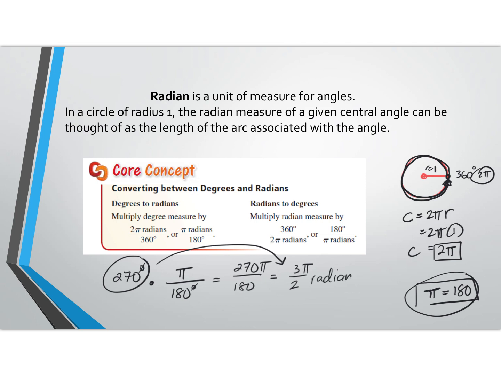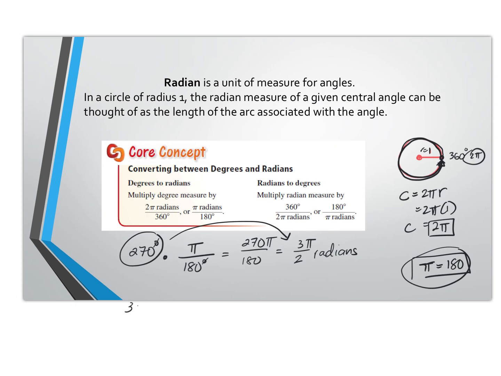And again, we're going to get into this a lot when you get into Algebra 2, but you just want to understand how to convert from one to the other. So what if I want to go from 3 pi over 2 radians back to degrees? Well, I'm going to put degrees up top, and I'll put pi at the bottom. My fraction that I'm going to use every time is going to have 180 and pi.